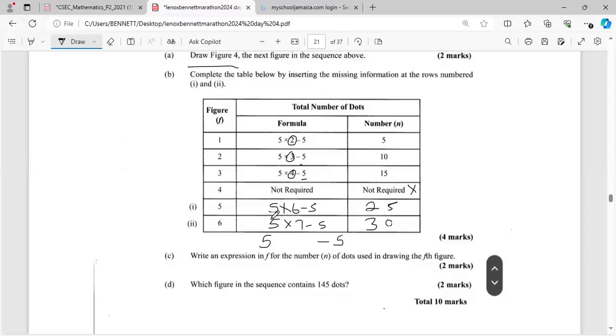So what they do is add F plus 1, because each time they add 1 to the previous one. So figure 1 was 1 plus the 1. Figure 2, 2 plus the 1 gives you the 3.